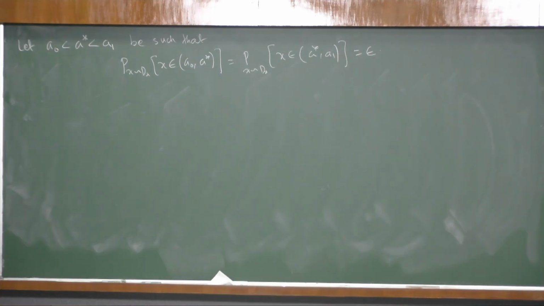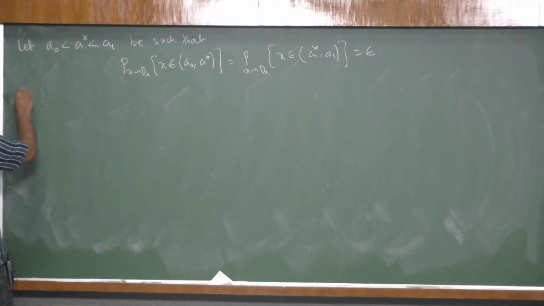So [A0, A star] is an interval. So this is the left interval. What we are saying is that A0 and A1 are such that the probability that I will find a point in the interval is bounded by epsilon, and similarly for the other half, it's bounded by epsilon. So let us keep this here. We will use this. Now let us go to the training set.